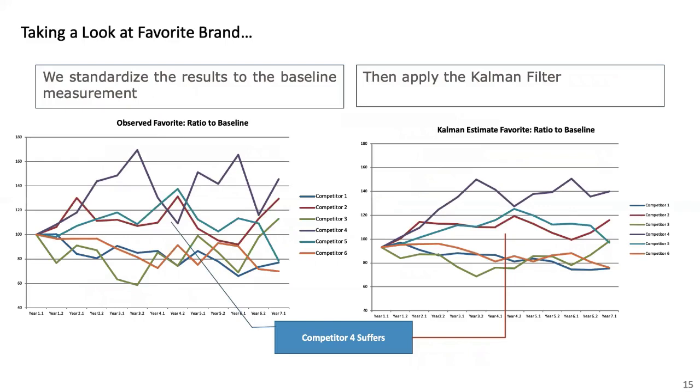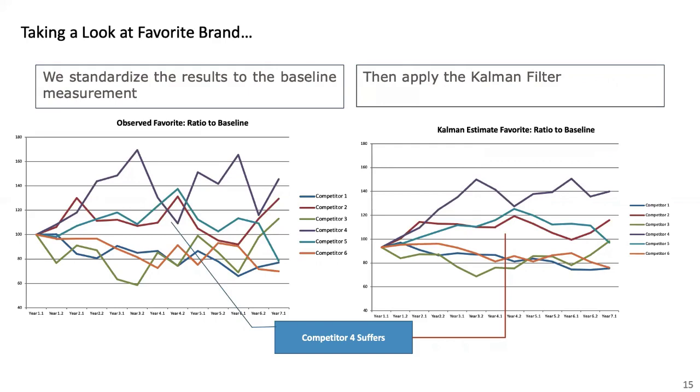We can do the same thing for the favorite brand measure. After indexing everybody to their baseline, the chart on the left looks really like a big mess. But once we smooth that out on the right-hand side, it's much easier to see what was going on.